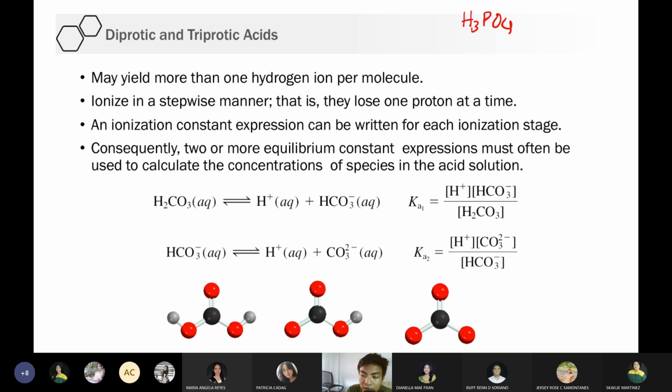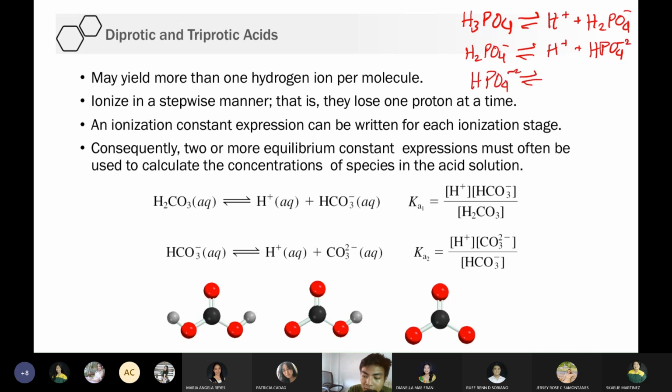Three, because we have three H. We release the first H plus and we will be left with dihydrogen phosphate. Then the dihydrogen phosphate loses an H, giving us hydrogen phosphate. And lastly, the hydrogen phosphate loses an H, and you will be left with the phosphate anion.